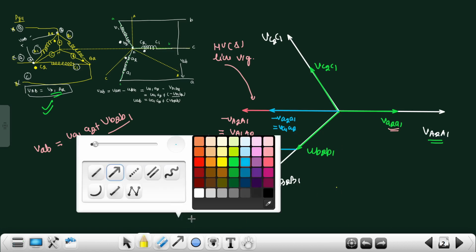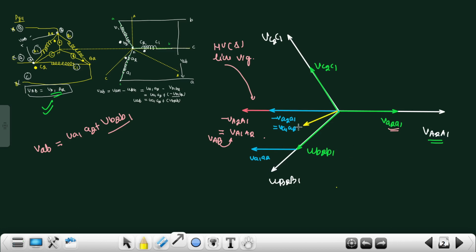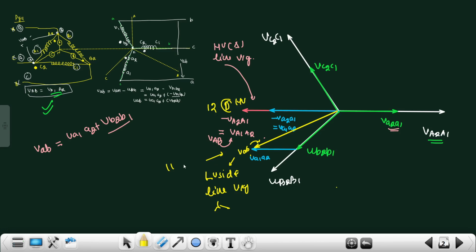This is VAB of the LV side line voltage, which is in star. So this is the 12 o'clock position, which is delta on the HV side, and this is the 11 o'clock position, which is star on the LV side. So it will be DY11 connection, or we can understand it through a clock.